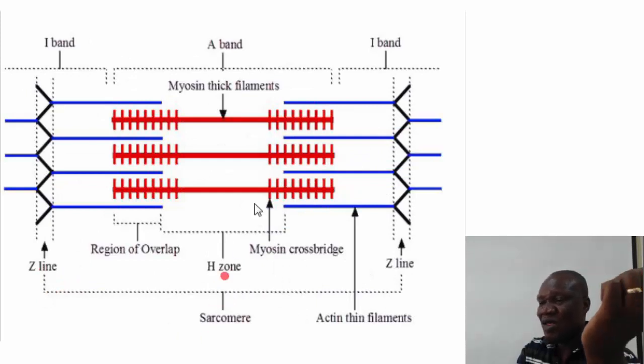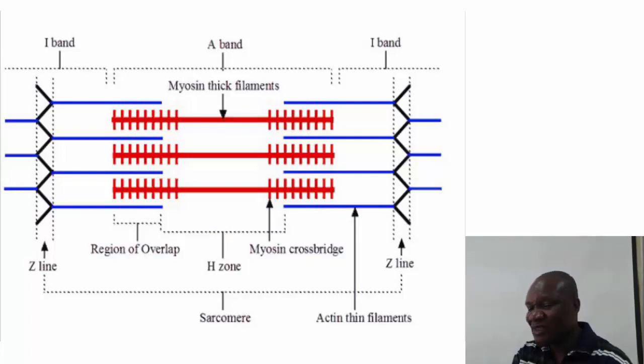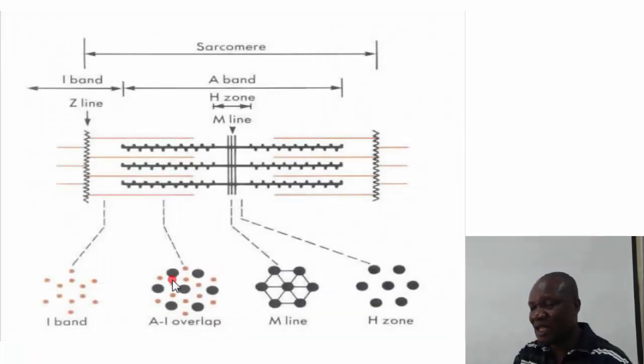Now, this arrangement is found all over the muscle. Every single thick filament is surrounded by 6 thin filaments. That's a cross section of the sarcomere.